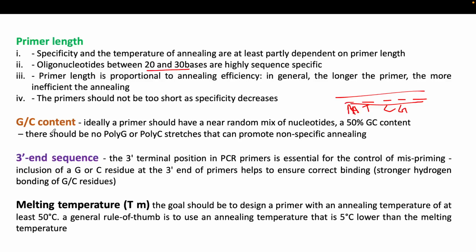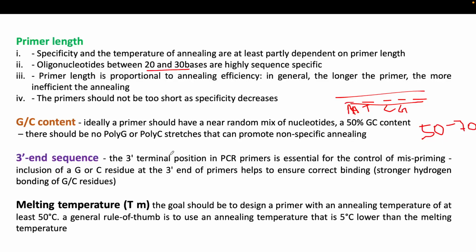Okay, then you require the GC content. So ideally a primer should have a near random mix of nucleotides, that is, GC content should always be 50 to 70%. And there should be no poly G and poly C stretch that can promote non-specific annealing.